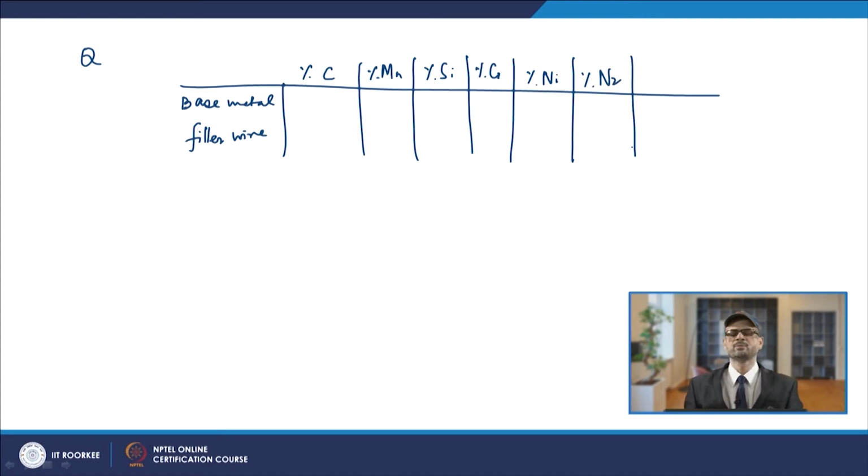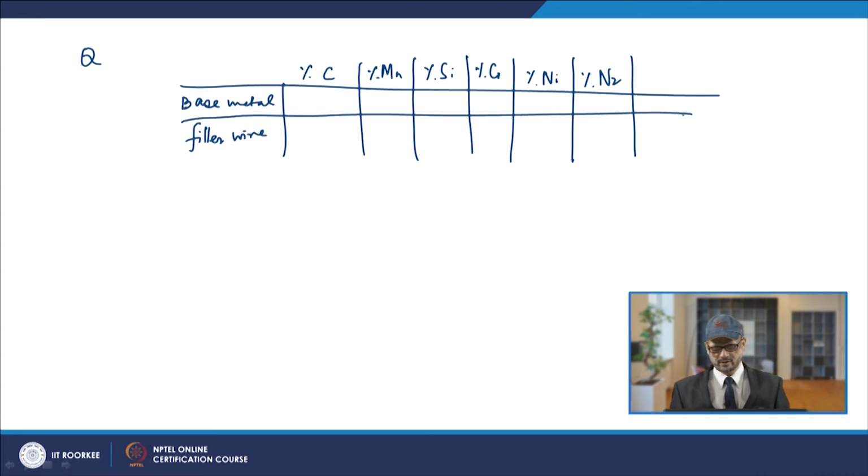As you know, when nitrogen is present, we use the Delong diagram. For base metal and also for the filler wire, the composition is: carbon for base metal is 0.15 and for filler wire it is 0.05. For the base metal manganese is 10 and this is 2.